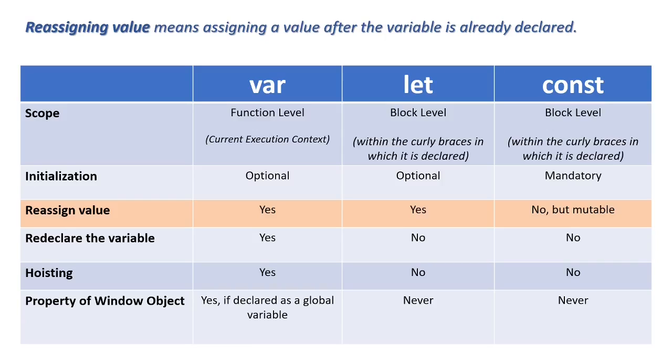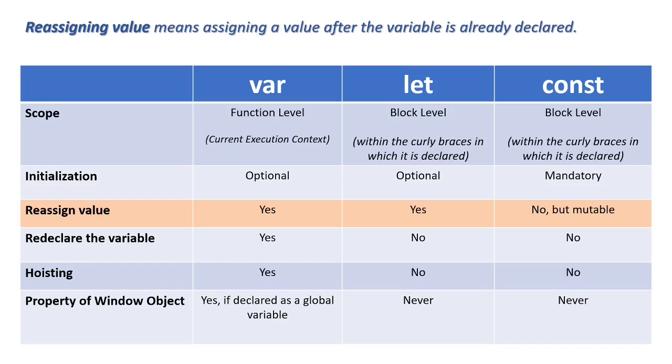The third difference is reassigning a value to these variables. For var, if we have declared a variable and we try to assign a new value to it, we can do it without any problem. For let also, we can give a new value to the existing variable, but for const we cannot do that.